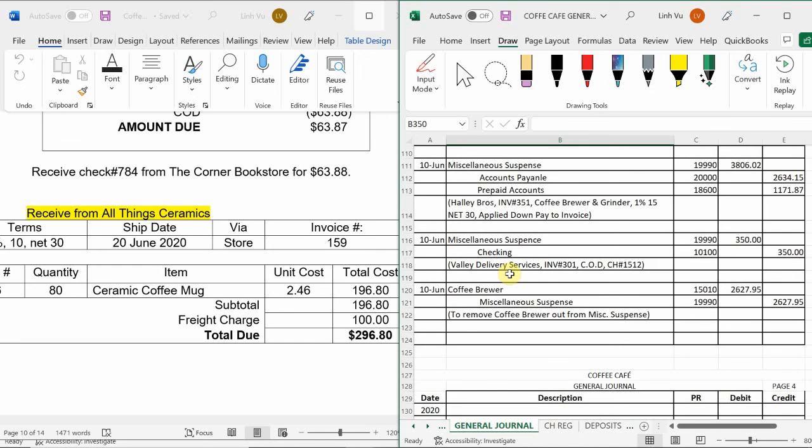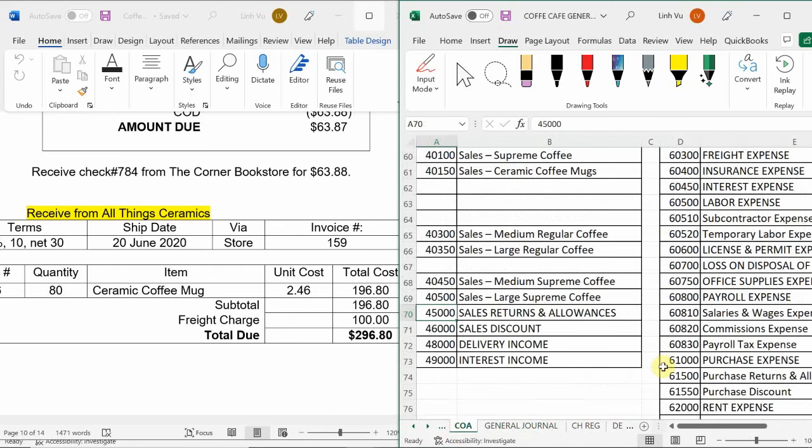What's the one that you're actually going to be using for recording periodic inventory? Well, no, we already said that's not inventory. You said it's an expense. That's correct. Now, what kind of expense? Which one is it?